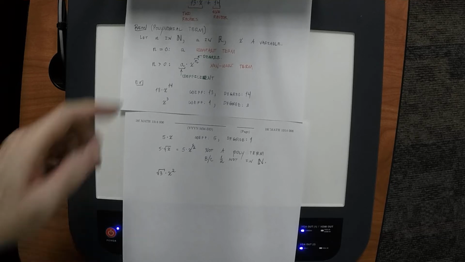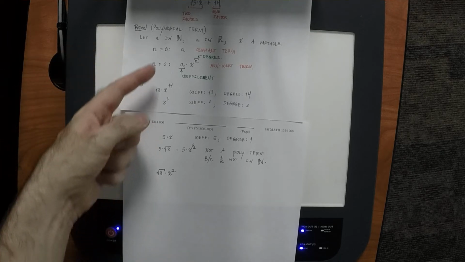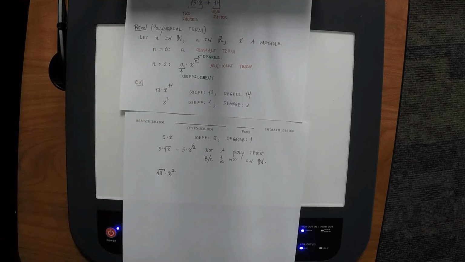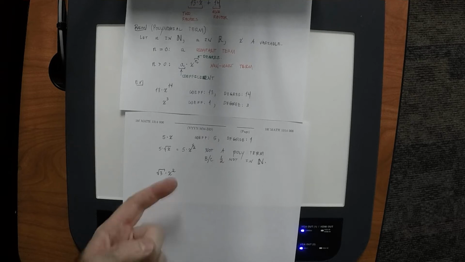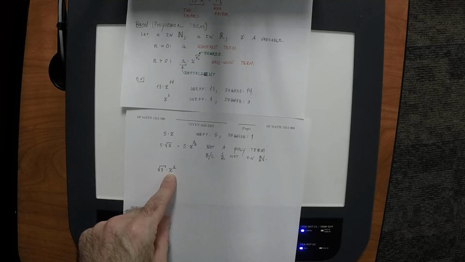Well, you've got to look at the rules there. The first rule says that the exponent, the degree, needs to be natural. If this is a polynomial term, what would be its degree? It'd be 2, right? Is 2 natural? Yes, so it passes that condition.